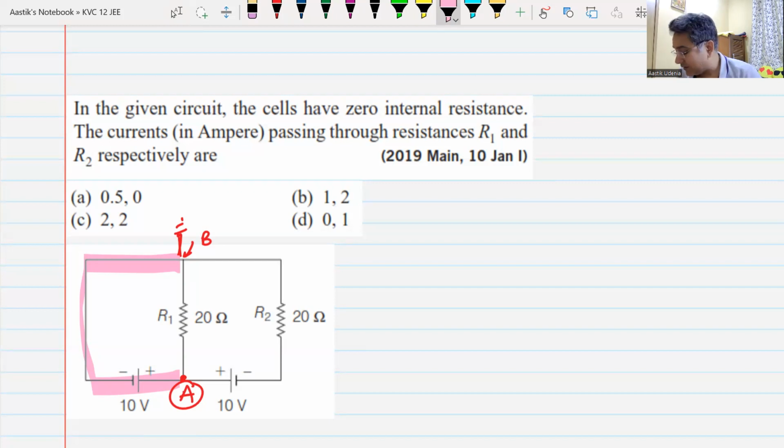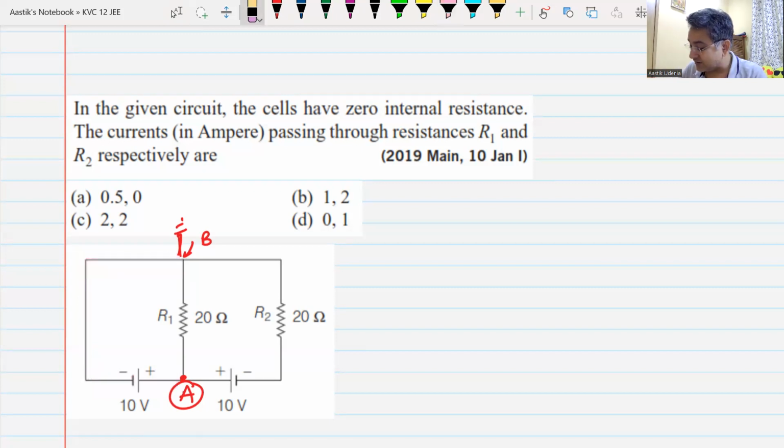So what will happen if you have such a branch where there is no resistance coming? How will you solve this question? V is equal to IR, sir. Yes, in fact this becomes simpler than the usual case.